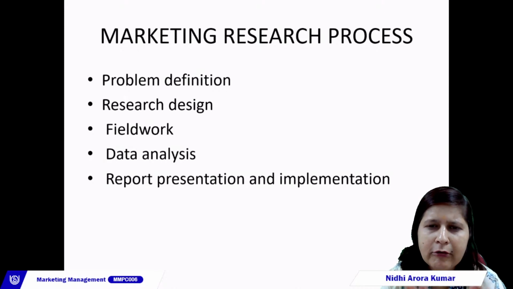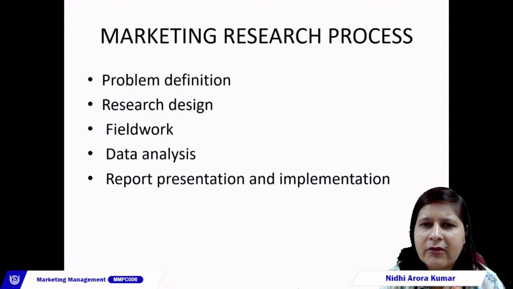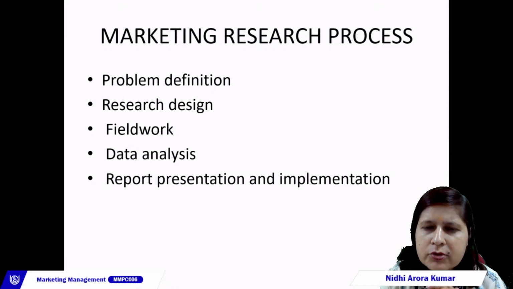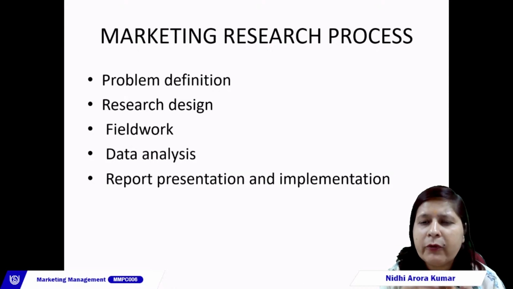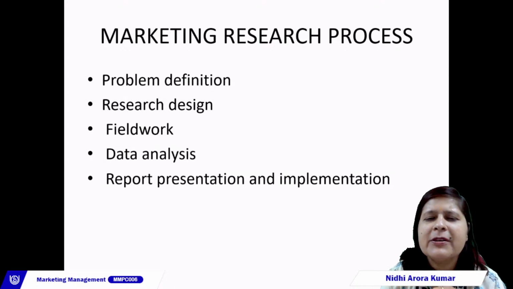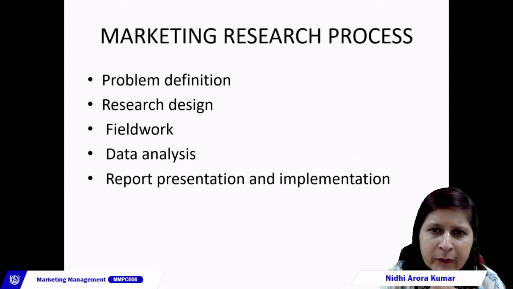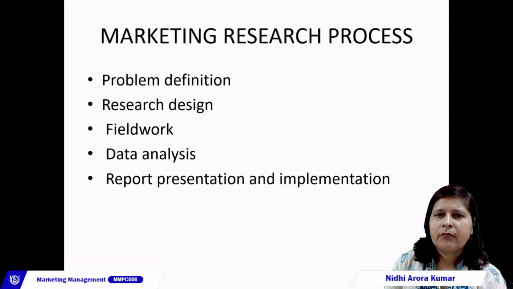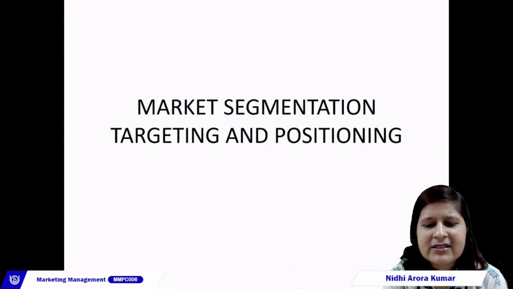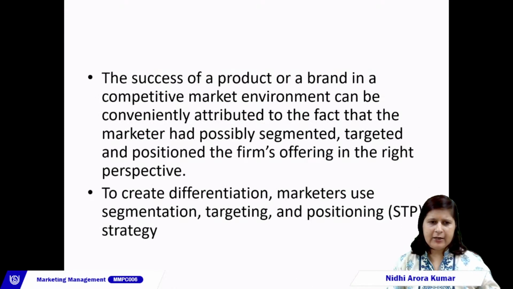Field work includes all these things. Analysis of data includes how will you analyze the data, what type of techniques will you use to analyze the data, on what factors, on what dimensions will you analyze the data, and after analysis of the data, that is the presentation and the implementation of your policies, right?